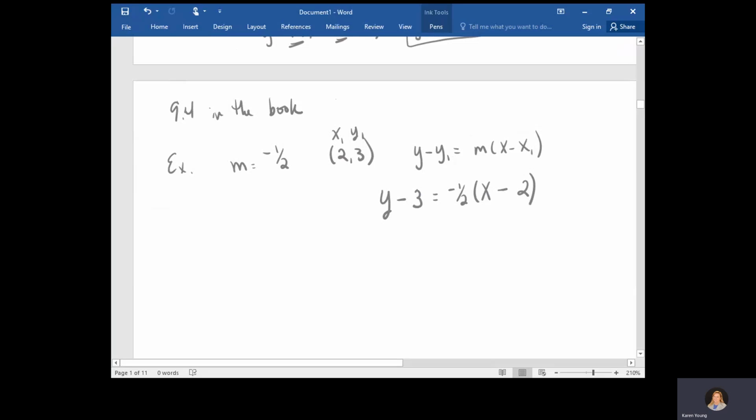Now they want this one written in standard form. So I'm going to do the math on this first. I'm going to take the 1/2 and multiply it to both terms. So y minus 3 equals -1/2 x. -1/2 times -2 makes it a +1.